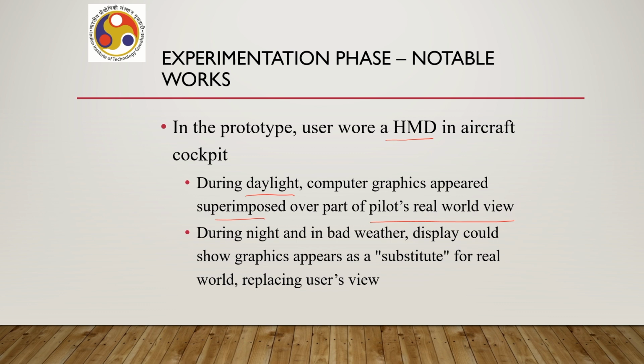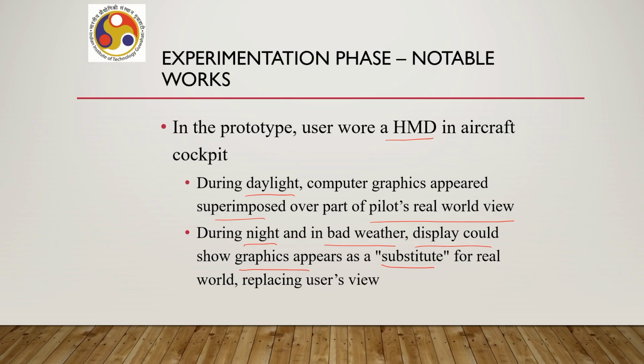So, augmentation of real world view with computer generated imagery. During night time and in bad weather conditions when visibility was poor, display could show graphics that appeared as a substitute for real world, replacing user's view.